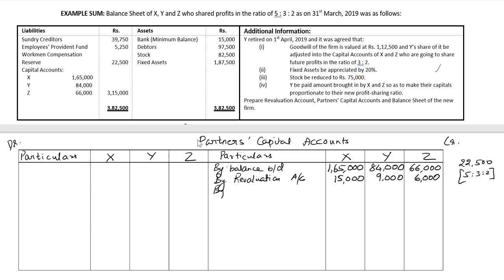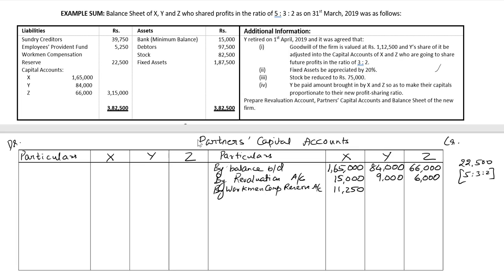So by workman compensation reserve account. In the case of X, 11,250 rupees.